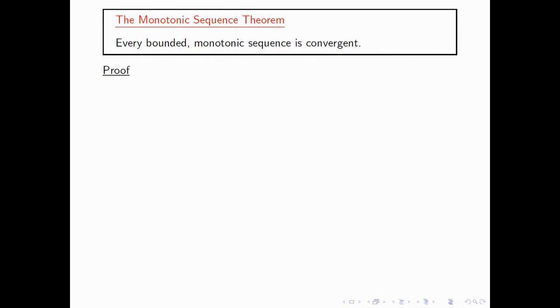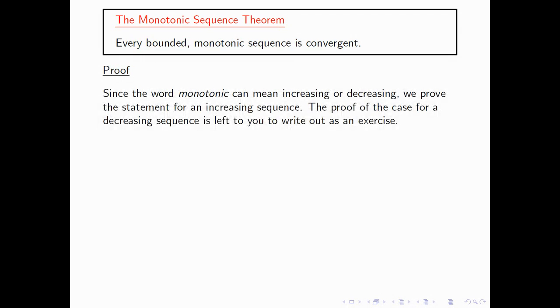And now we can prove the following theorem. The monotonic sequence theorem, which says every bounded monotonic sequence is convergent. The word monotonic, like you saw earlier, could mean either increasing or decreasing. So we will prove the case for an increasing sequence.